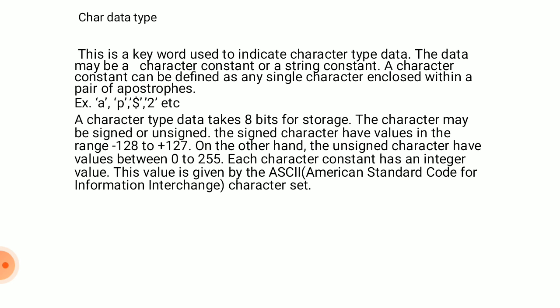If you take any character or a sequence of characters, it may be alphabets, it may be digits, it may be special characters like symbols. For every character, there is one ASCII value given to that character. Okay, and who is providing this? That is the ASCII character set, that is American Standard Code for Information Interchange.